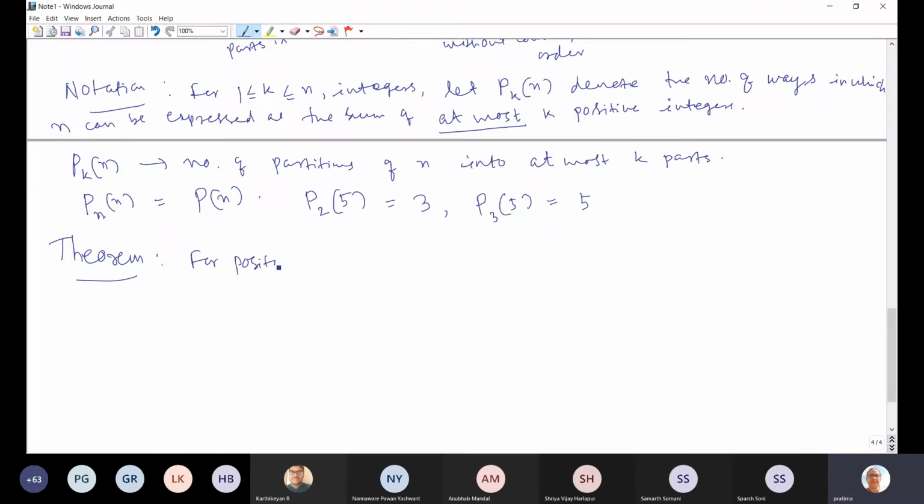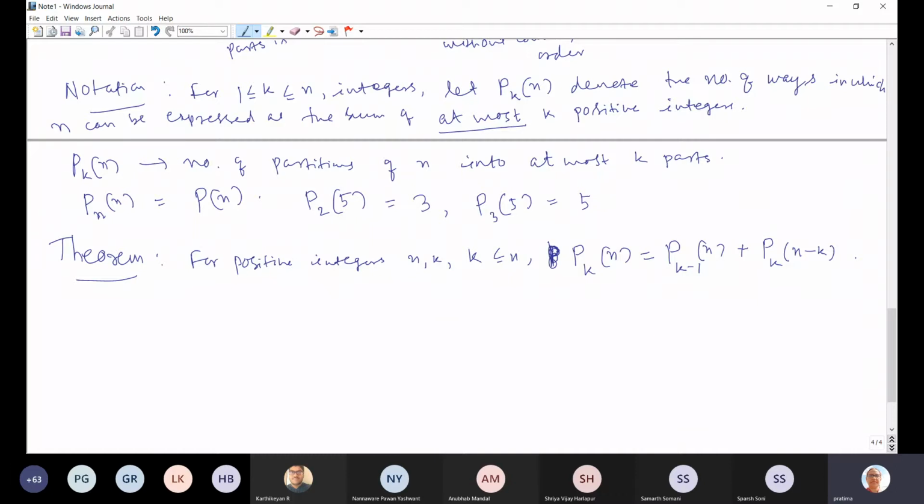For positive integers n and k with k less than or equal to n, sometimes people use small p or capital P; I'll use capital P. Pkn is equal to Pk minus 1, and you can try to prove it yourself. So Pkn satisfies this recurrence relation.